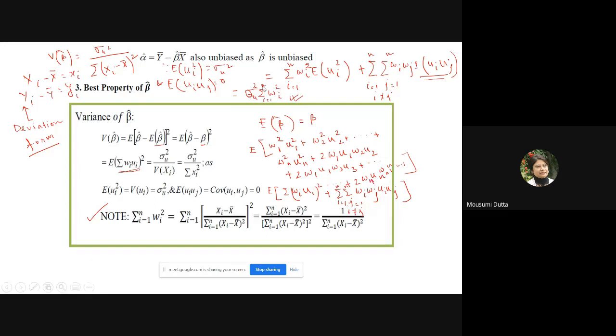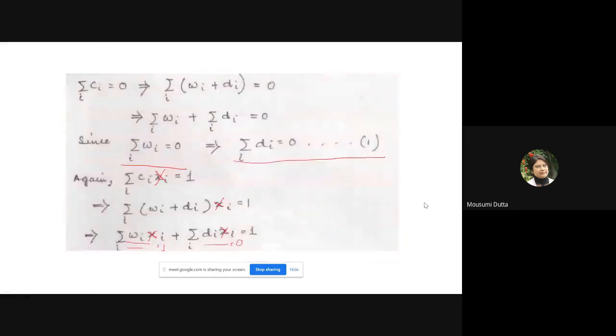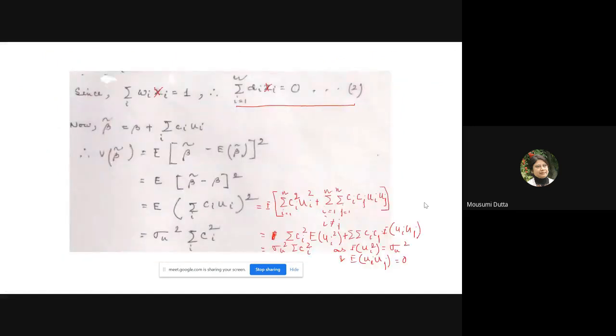So the main comparison is between summation wi square and summation ci square. Otherwise, these are very similar. This one is sigma u square into summation wi square, and for the alternative estimator, it is sigma u square into summation ci square. So we need to clarify what summation ci square actually indicates.